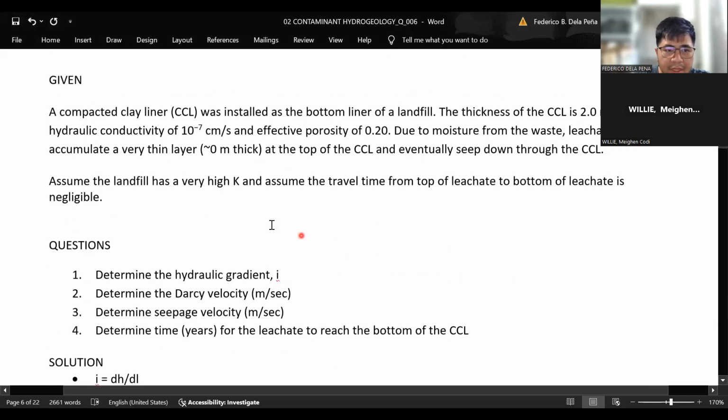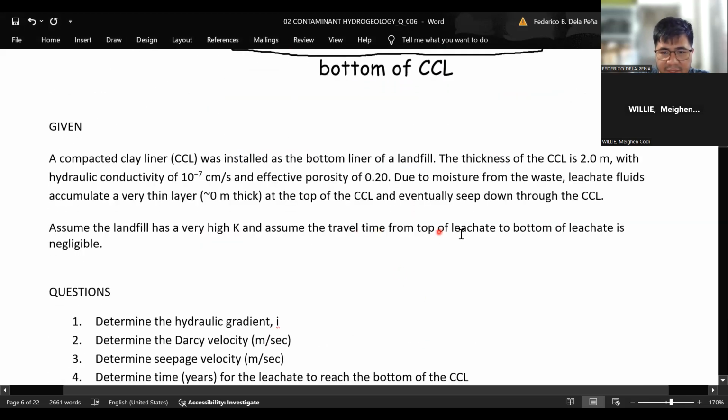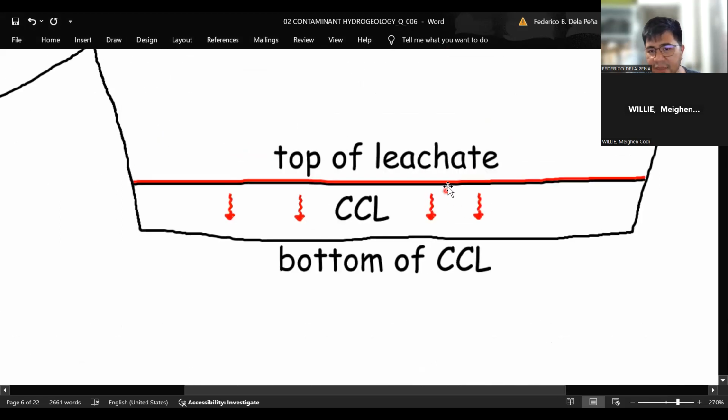So assume that the landfill has a very high hydraulic conductivity and that the travel time from the top of the leachate to the bottom of the leachate is negligible. So essentially, you can just consider the leachate as a thin line, and the travel of the leachate through this part is negligible. So you're only concerned about the leachate traveling from this point to this point, from the top of the leachate to the bottom of the CCL.